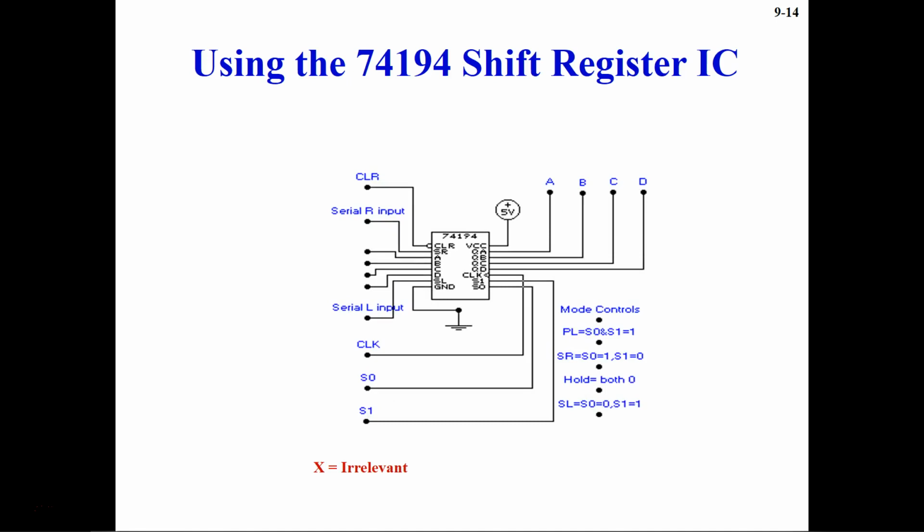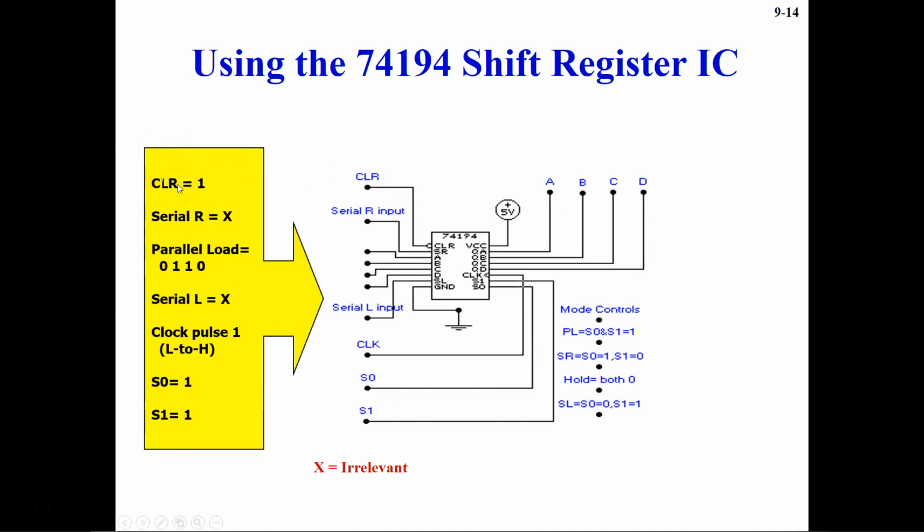Now using the 74194 shift register IC, clear is 1 right now, which means it is deactivated, and serial R is equal to X. X is irrelevant, whatever you give, either 0 or 1, doesn't matter.